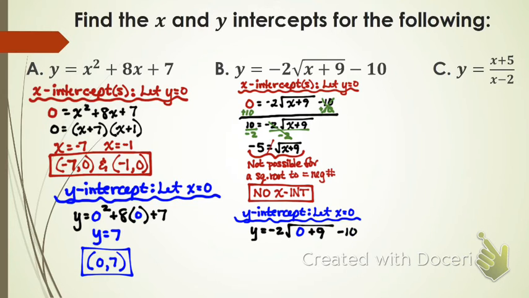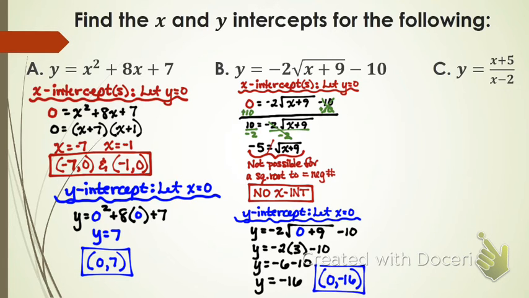So 0 plus 9, that's 9. What's the square root of 9? 3. So I have negative 2 times 3 minus 10. So negative 6 minus 10 gives me what? Negative 16. So what's this ordered pair then? (0, -16). There's my y-intercept.